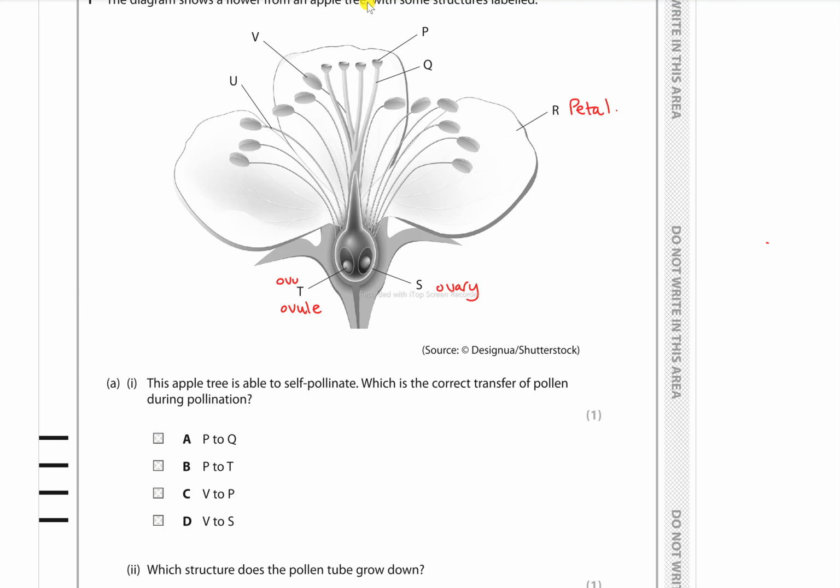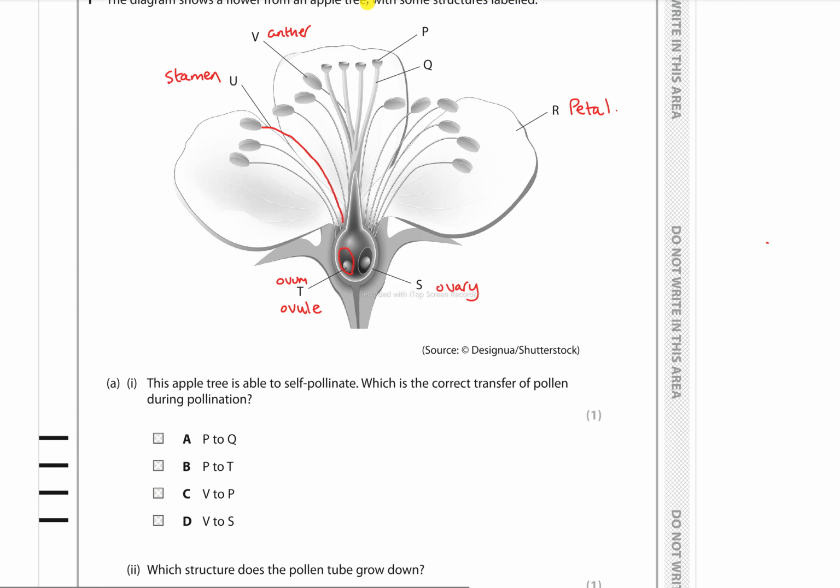Oh, that's the egg. That's the ovum. This is the ovule. Right. You've got anther, and that stick or that structure there is stamen.